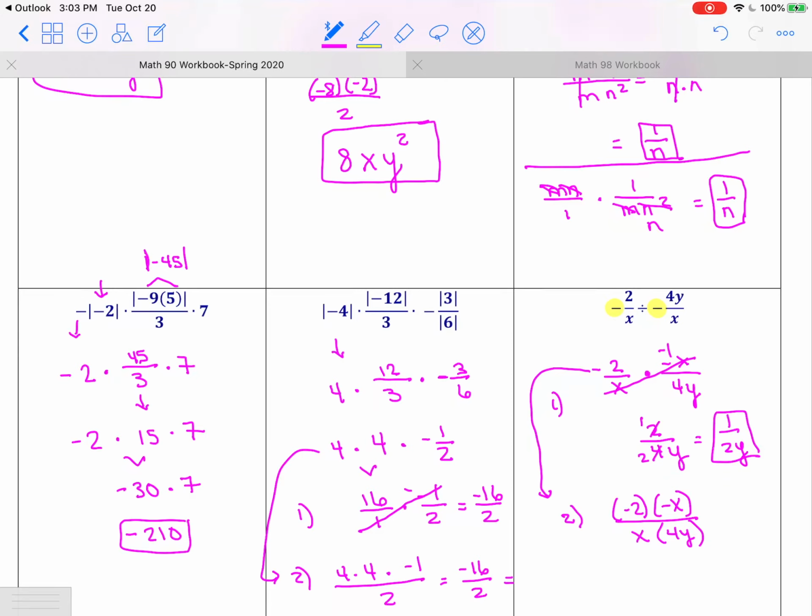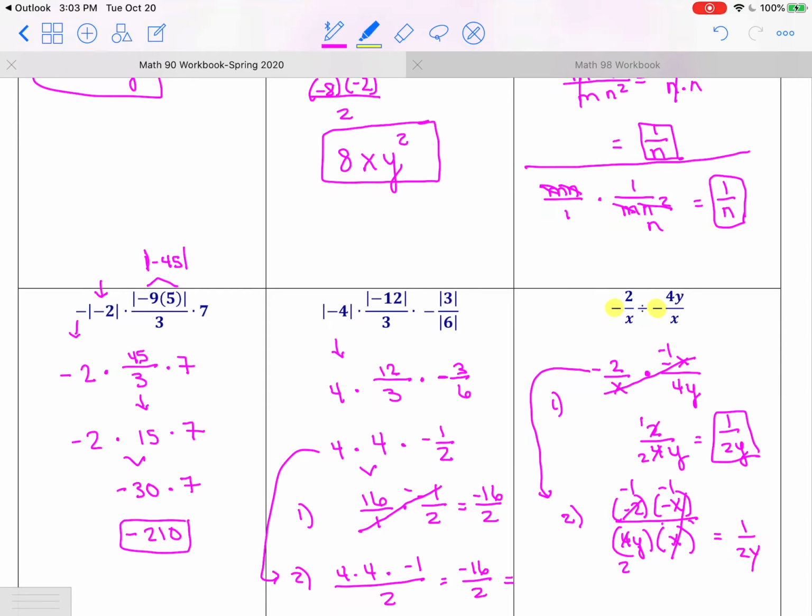You can even move things around. If you decided, okay, well, I don't like the x's not kind of in line with each other, you could have put the 4y over here, and you could have put your x over here so that we can see, oh, these cancel really nicely, leaving a -1. This cancels, leaving a -1. This cancels, leaving a 2. And in the end, we would have gotten the same answer.